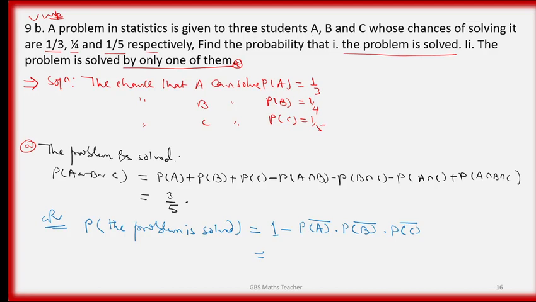Now the next part of this problem भनेको the problem is solved by only one of them. I will drop this and I will solve here.